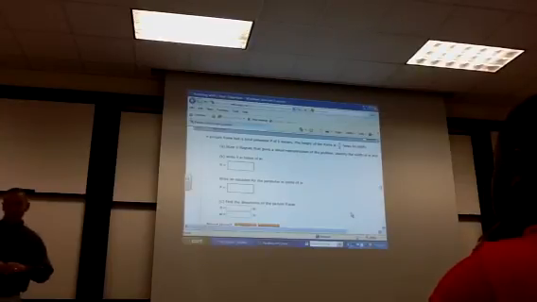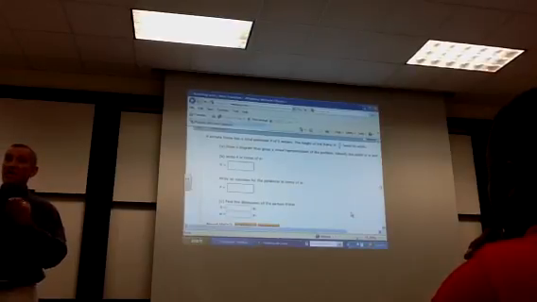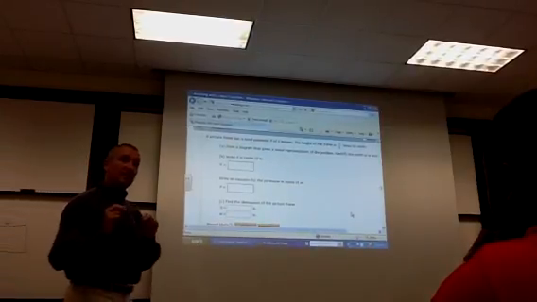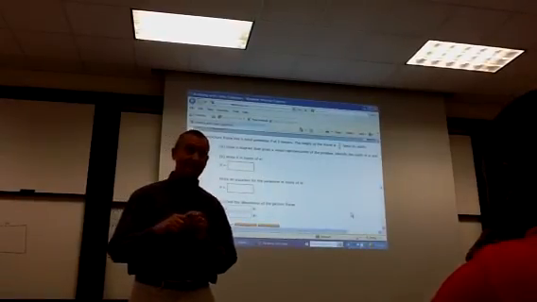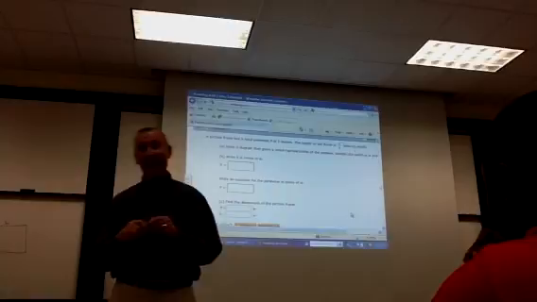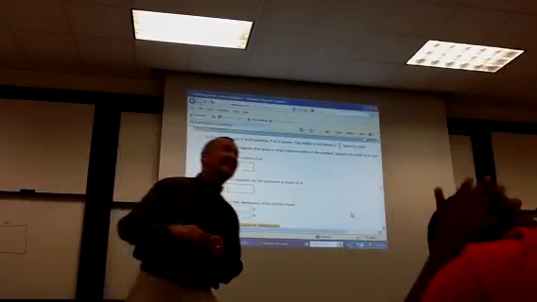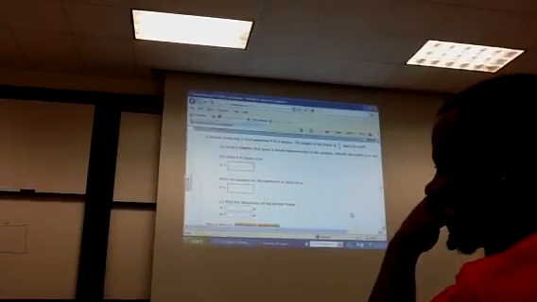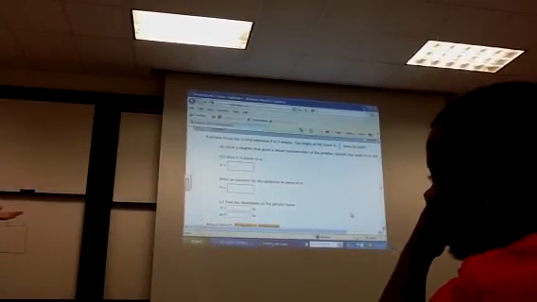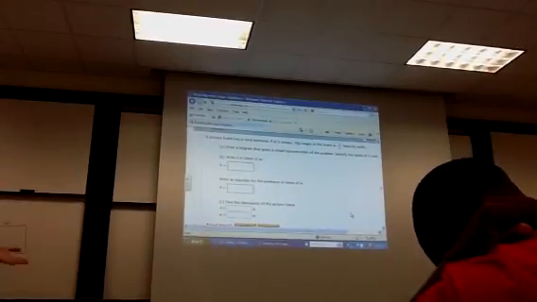Notice on this word problem that one thing is spoken of in terms of something else. The height is 2/3 times the width.